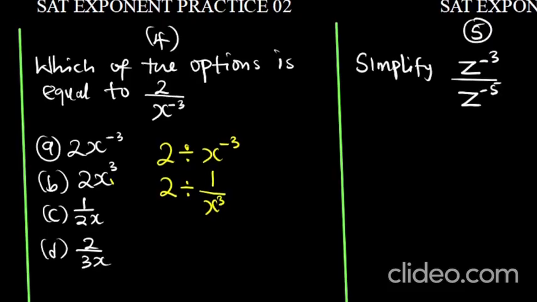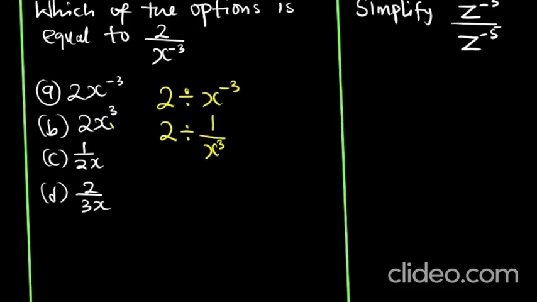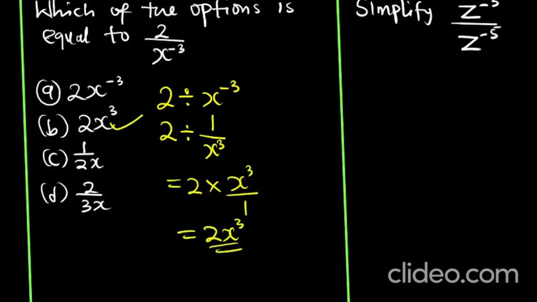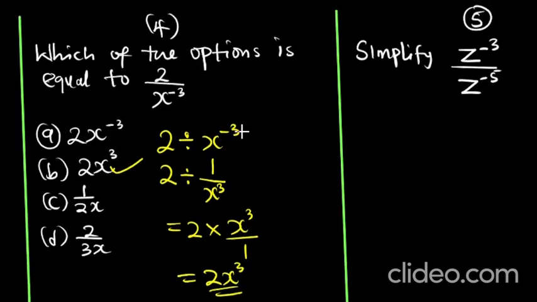This is the same thing as 2 times x to the power of 3 divided by 1, which is 2x to the power of 3. So B is the correct answer.